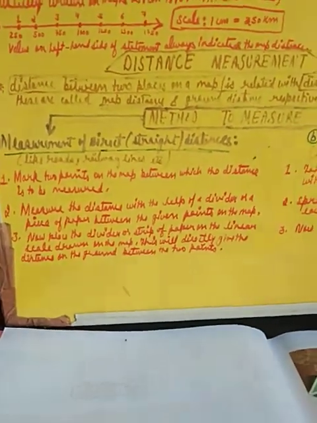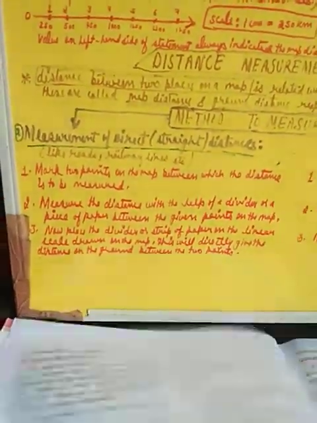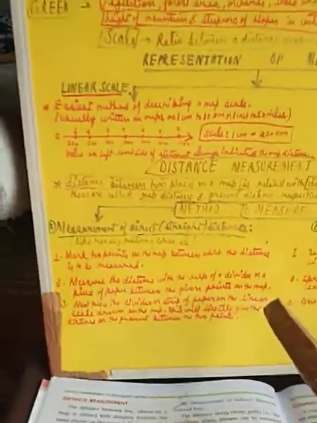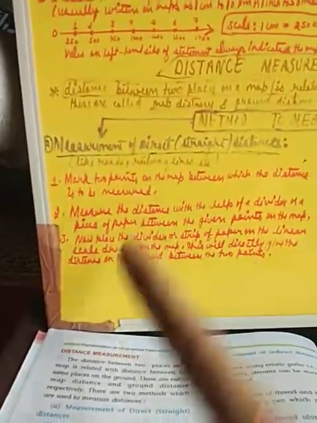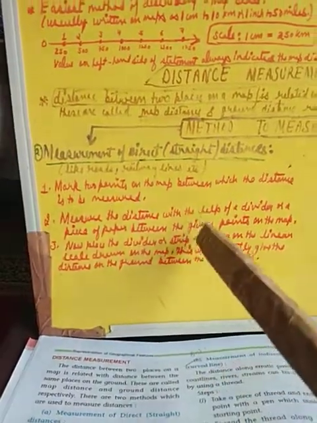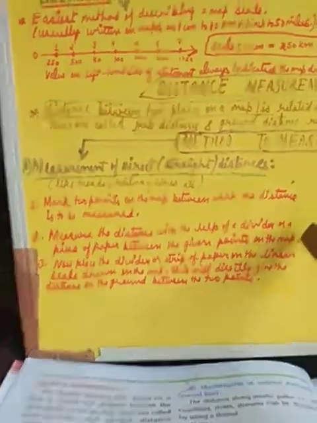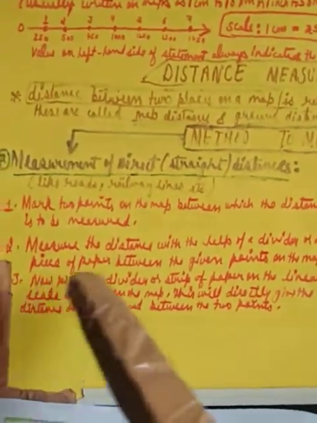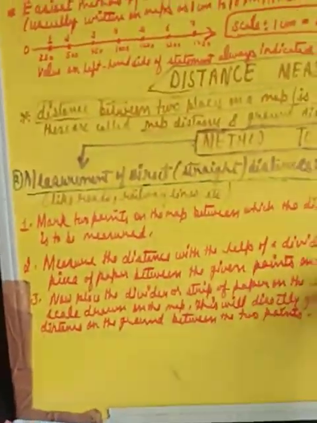And second, measure the distance with the help of a divider or a piece of paper. If you don't have a divider, you can use a piece of paper between the given points on the map.